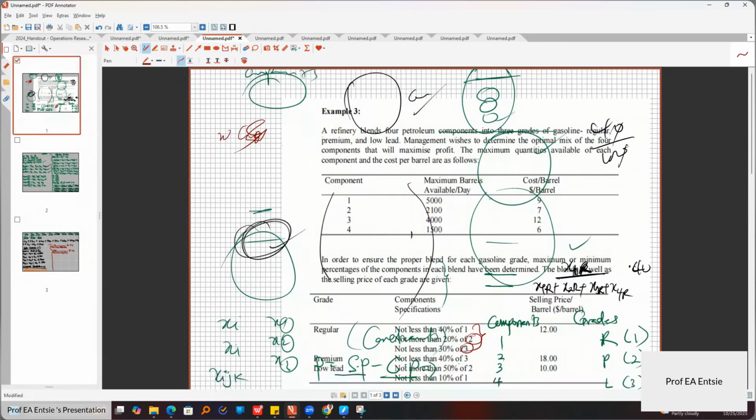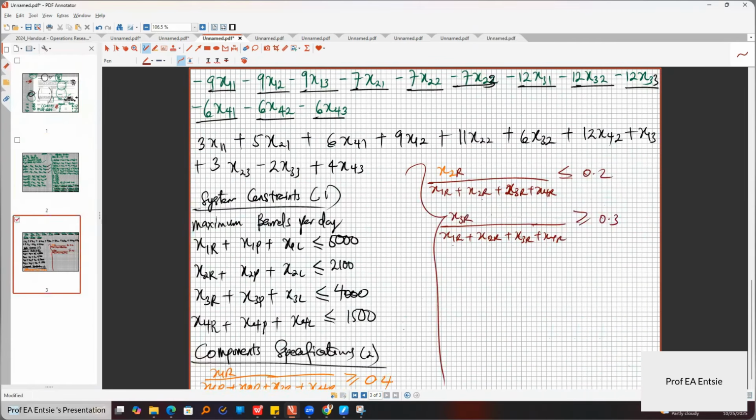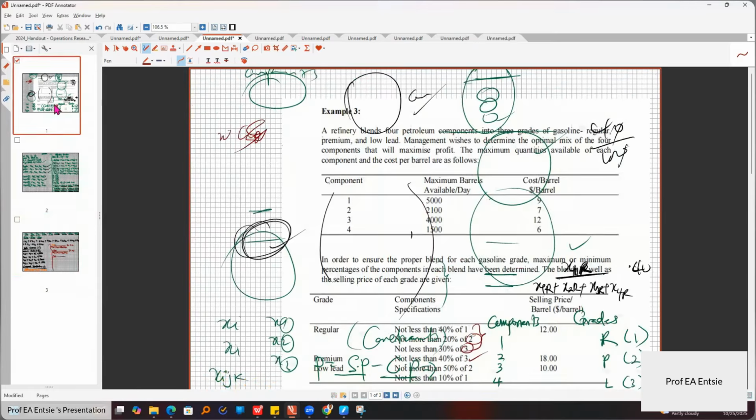Then, last but not the least, we even have for premium. Component 3 in premium should not be less than 40% in the blend of premium. And what is the blend of premium? Look at this one, the categorization.